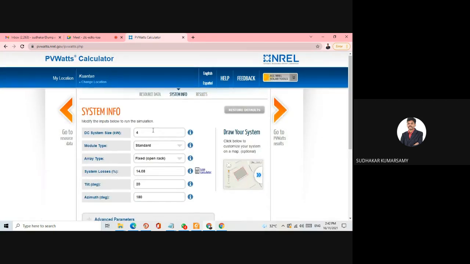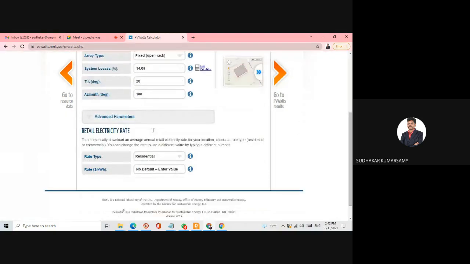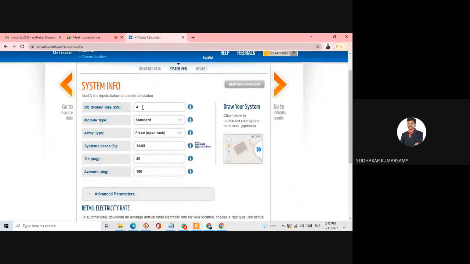Here I have the option of doing the simulation by knowing the capacity. As in the previous class, I gave an idea about how to do the capacity sizing of the solar system according to the load requirement of the building.